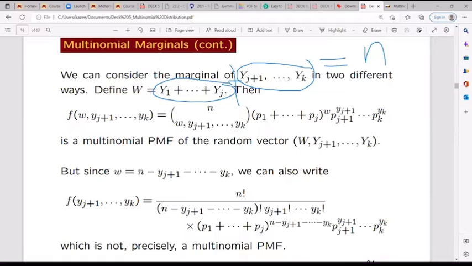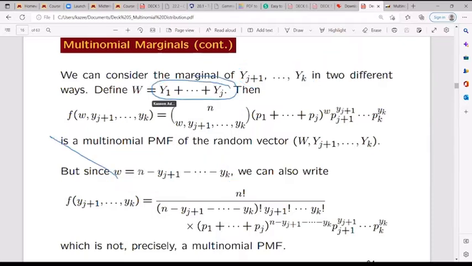Now, if I want to find w, it is going to be n minus yj plus 1 up to yk. The w itself here is basically y1 to yj, and y1 to yj plus yj plus 1 up to yk is going to be n.